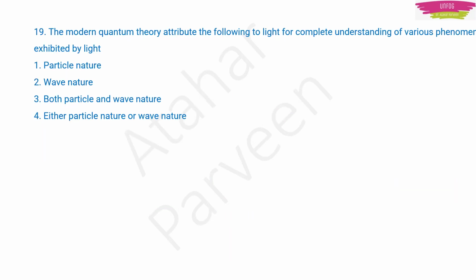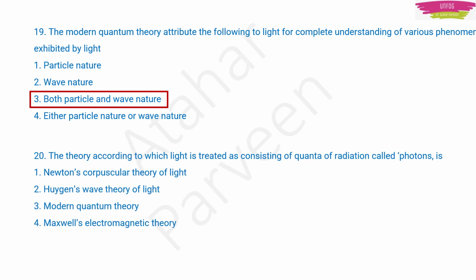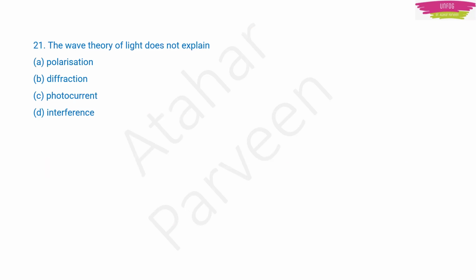The modern quantum theory attributed the following to light for complete understanding of various phenomena exhibited by light: it is both particle and wave nature. Modern quantum theory means dual nature only, remember, okay? The theory according to which light is treated as consisting of quanta of radiation called photons is the modern quantum theory or Max Planck's quantum theory.